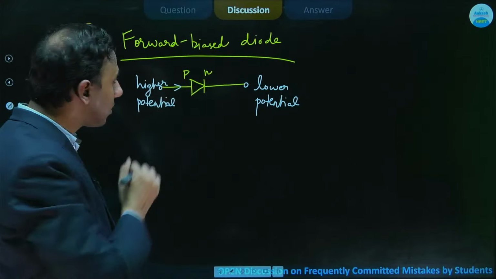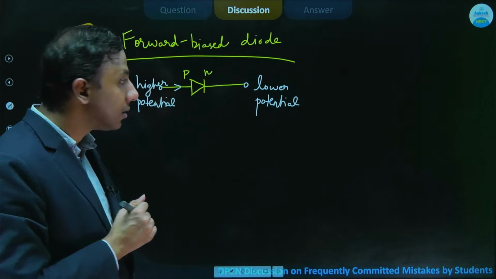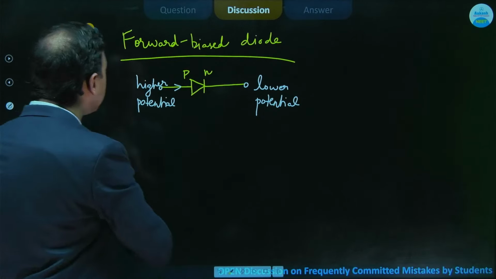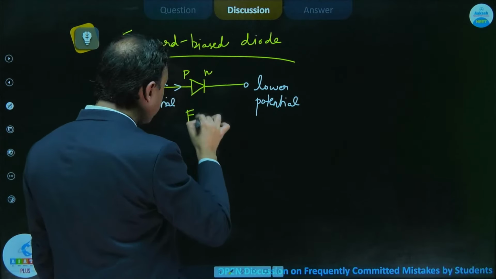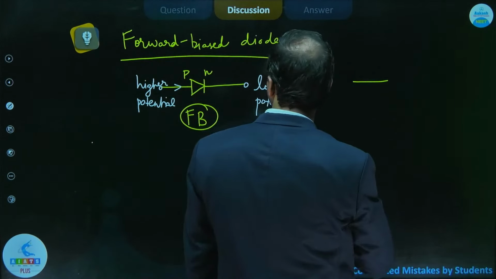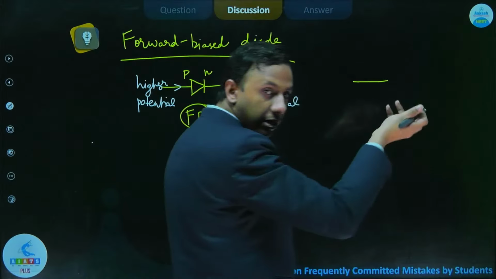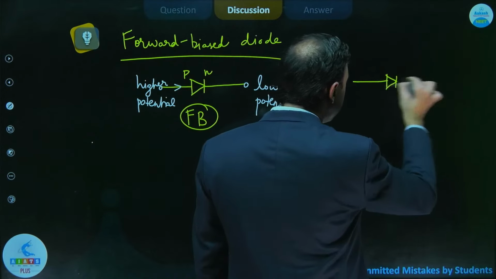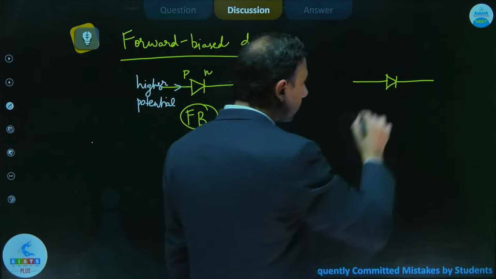Now what about in the case of reverse bias diode, right? So this I am calling it as FB. FB is forward biased. In the case of reverse biased, I am connecting the diode in reverse. Or if you want, you can let the diode be like that, connect the potential in reverse.